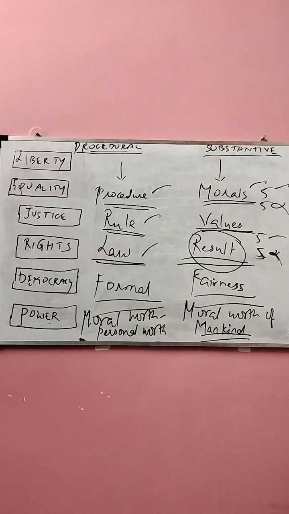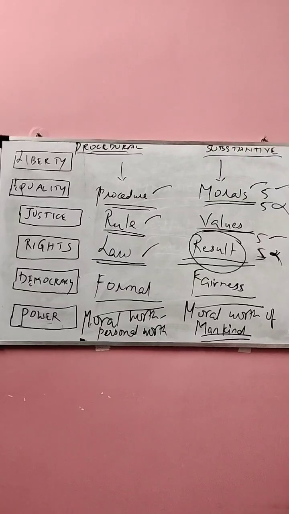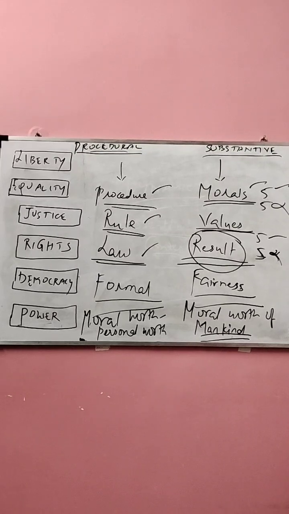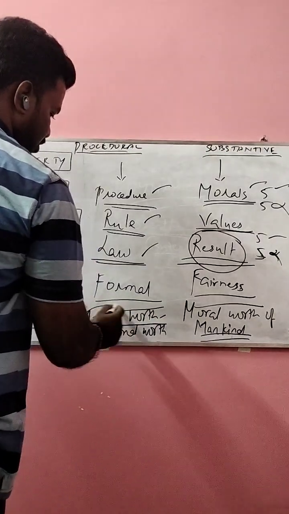For example, a scholar following the procedural school of thought will tell that a better talented man can earn as much money as he can without any limit, because he is taking into account the moral worth of the individual only.